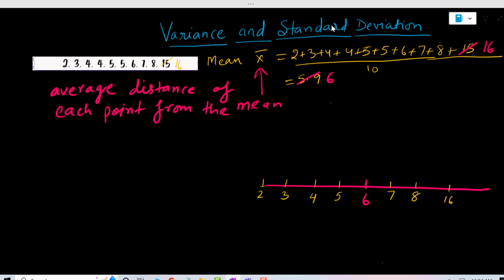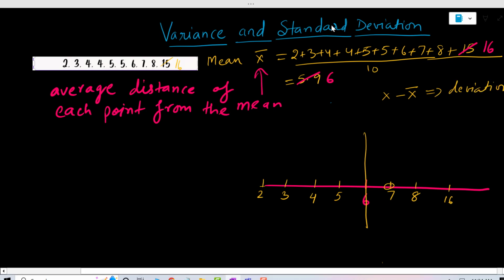Now let's calculate the distance of each point from the mean. If we calculate the difference between each point and the mean, that will be shown like this, x minus x bar, and it is also known as deviation. It's not standard deviation, it is just the deviation of a point from the mean.